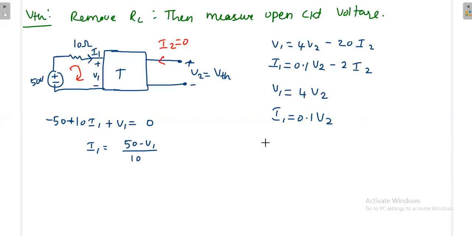Now you come here, you are having I1, you can substitute here.